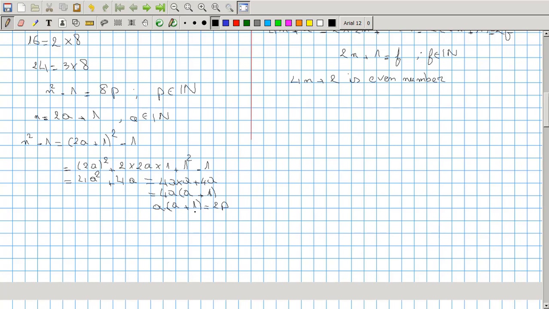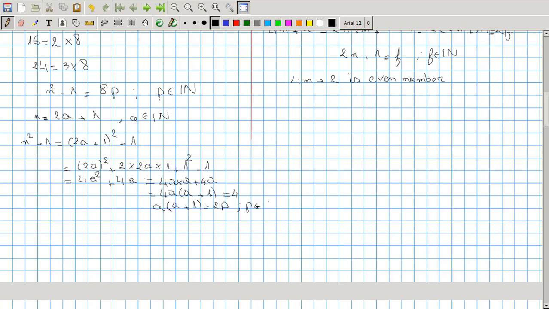An even number times an odd number gives an even number. So in both cases, if e is odd, e plus 1 is even, and an odd number times an even number gives an even number, 2 times b. If e is even, e plus 1 is odd, and an even number times an odd number gives an even number. So in the end, e times (e plus 1) is 2 times b.